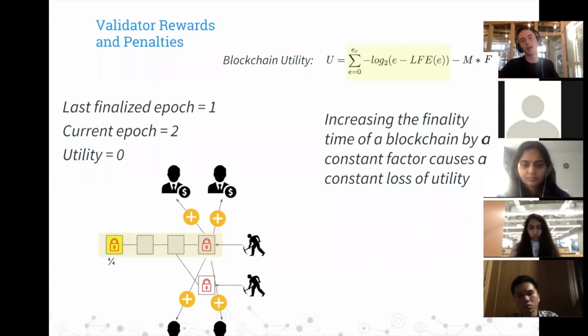So anyway, the increasing finality time clearly is going to be hurting the blockchain, and the justification for this kind of log base 2 is that the difference between 1 minute and 2 minutes finality is not that great, but the difference between 1 minute and an hour finality is quite significant. And so it has a nice curve basically.